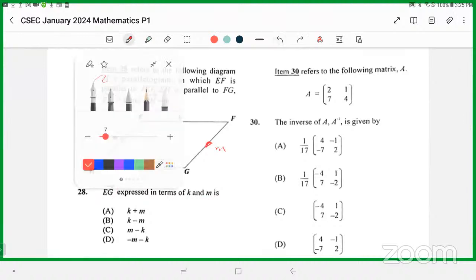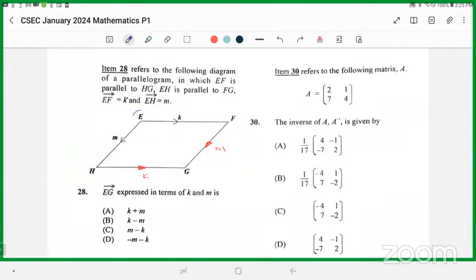So the question is, how do we go from E to G? It's pretty obvious. Use a K and come over here as a K, and then use the M and come down to G as a M. So it's K plus M now. K plus M is the answer.